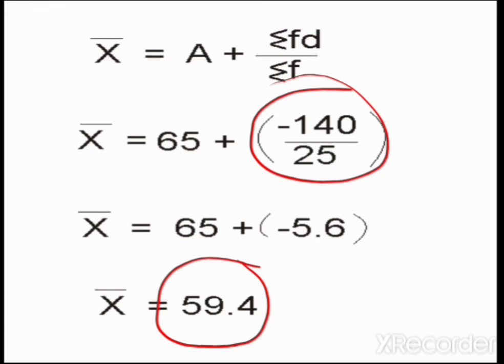So whichever method you use is supposed to give you the same answer. Whatever number you assume as your mean, it gives you the same answer. So that's how to calculate the mean using the assumed mean and without the assumed mean.